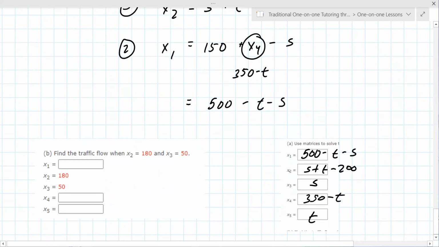Instead of x2, it's 180, x3 is 50. So that gives you the s value. That allows you to solve for x2 and so on, like that. Okay, so I think there's probably enough there.